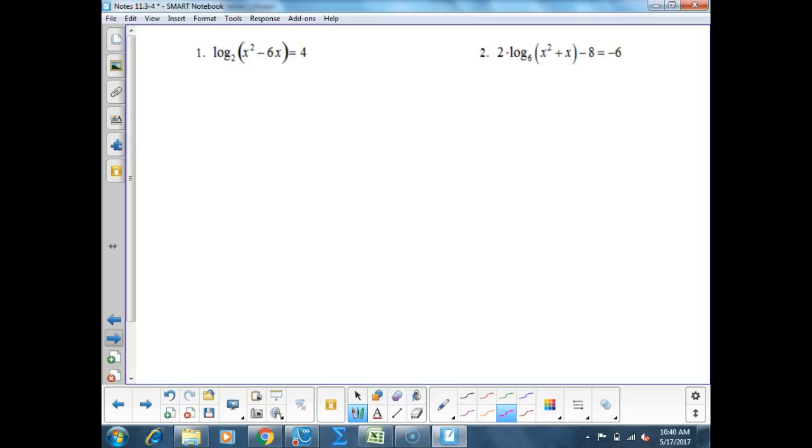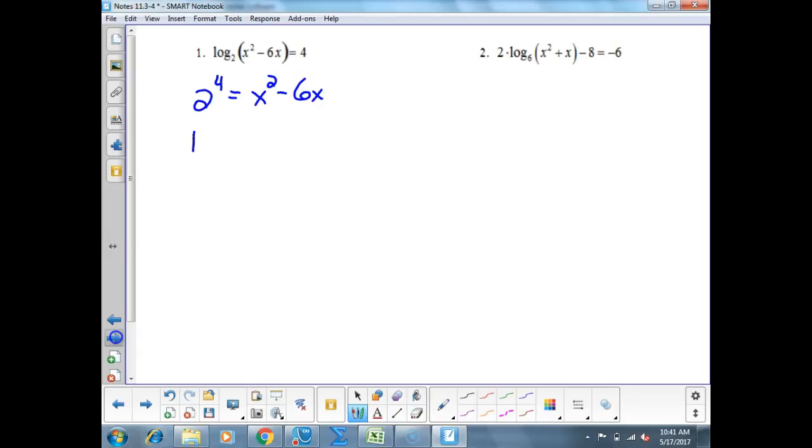Megan? Change forms. So if I change forms on this one, what do I get? 2 to the 4th power equals x squared minus 6x. What's 2 to the 4th power? 16.